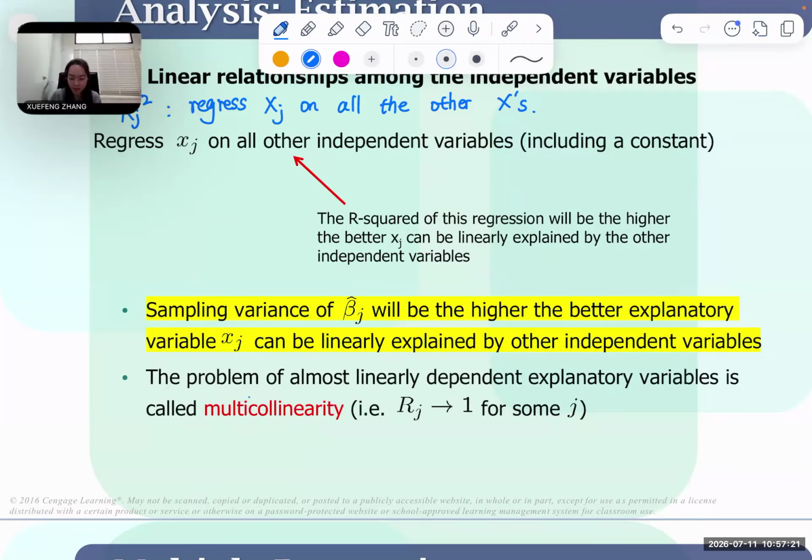And here, the problem of almost linearly dependent explanatory variables is called multicollinearity, which means Rj squared tends to 1 for some j.